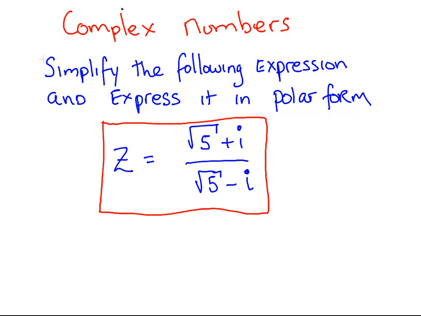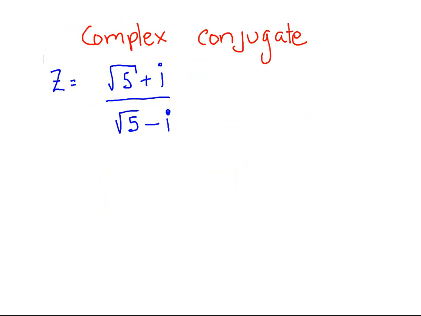So to start out, what we're going to do is multiply above and below by the complex conjugate of the denominator. That is the square root of 5 plus i, above and below.